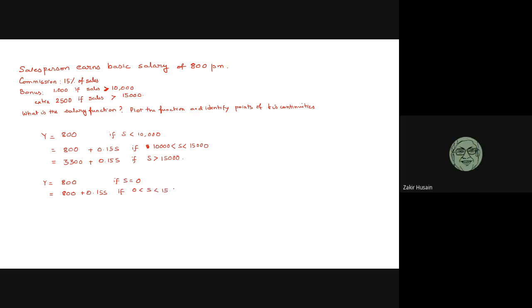Then Y equals 800 plus 1,000 if S is more than 10,000 and less than 15,000, so it will be 18 plus 25. 18 plus 25 is 43, sir.